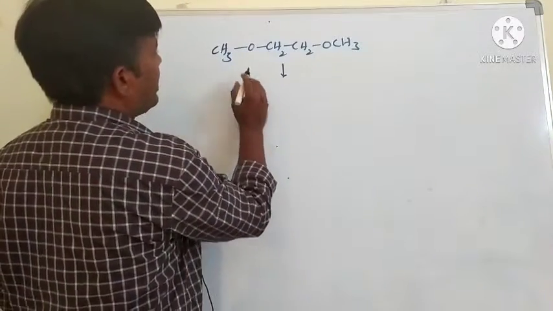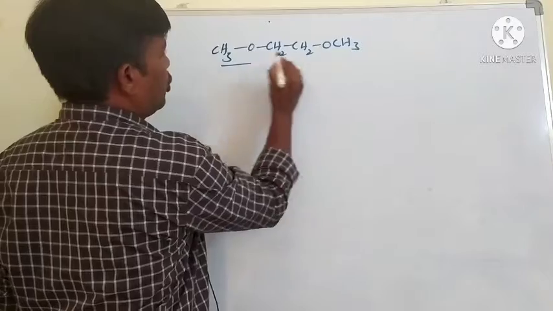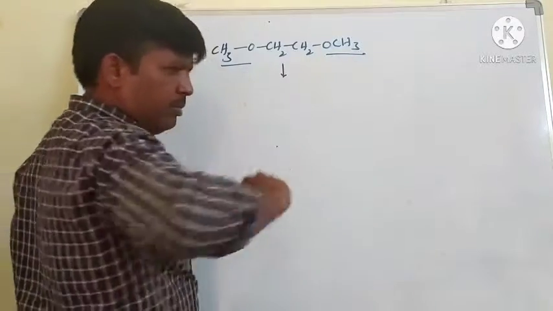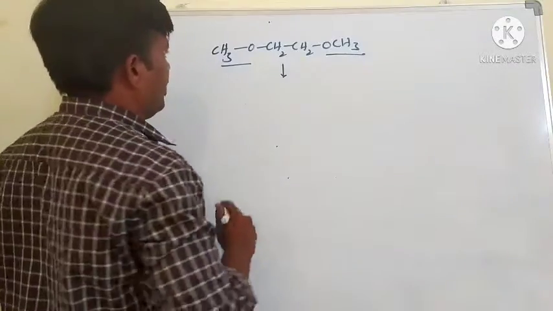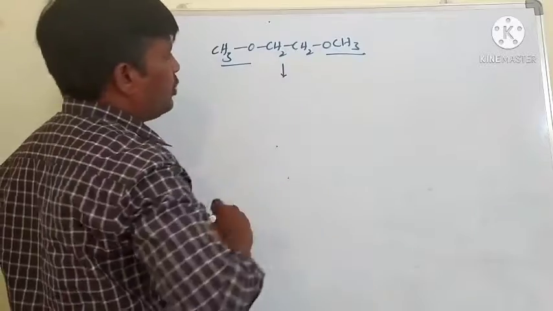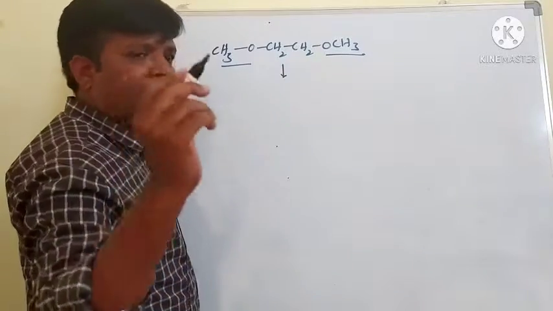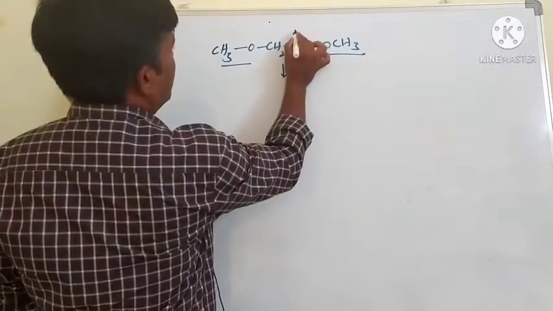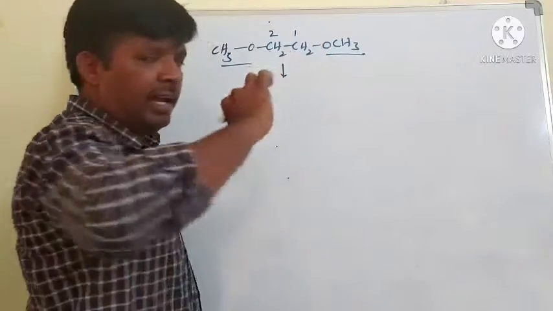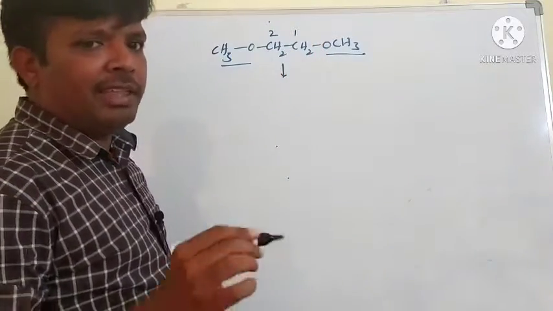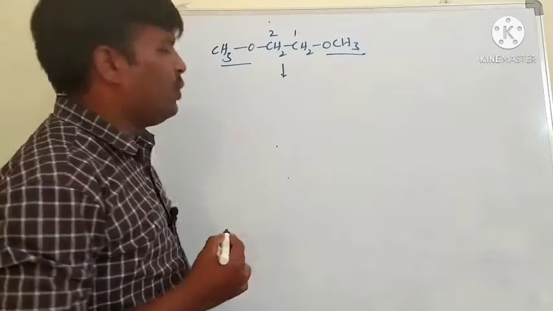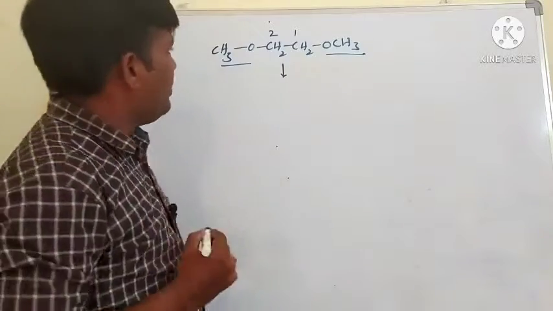Here the substituents are two methoxy groups. The parent carbon chain is the ethane chain, carbons 1 and 2.